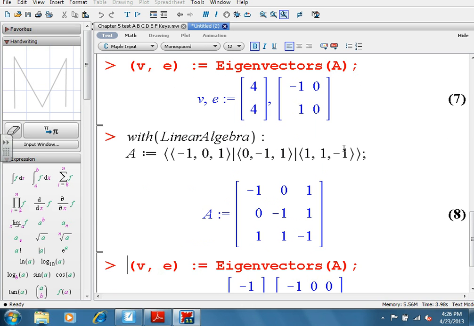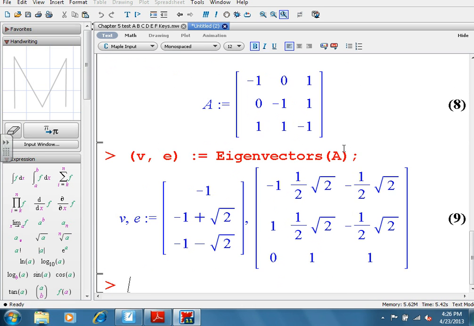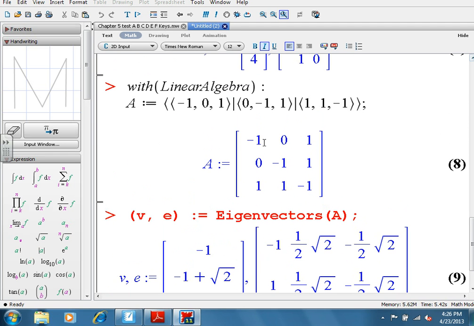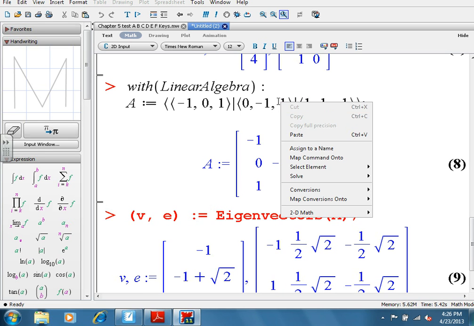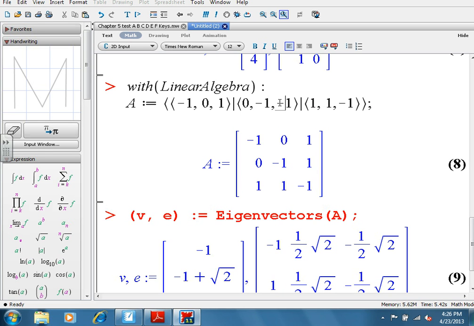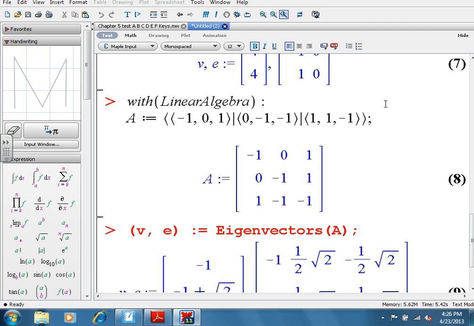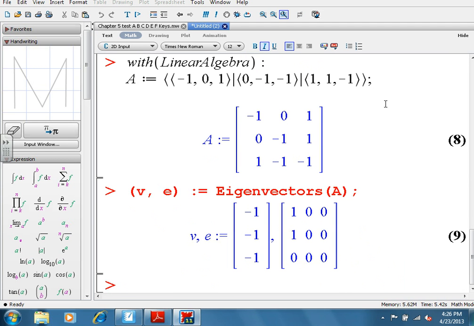And then the third one is the second bracket. We still got it wrong? 1, 0, 1, 0. Oh, that's a minus there. How do I have it right? Thank you so much, Maple. You're just so helpful today.